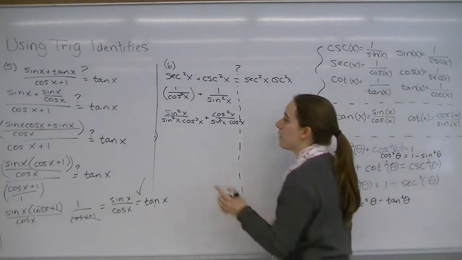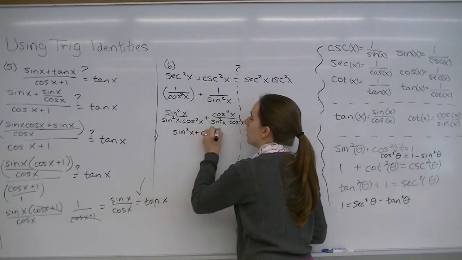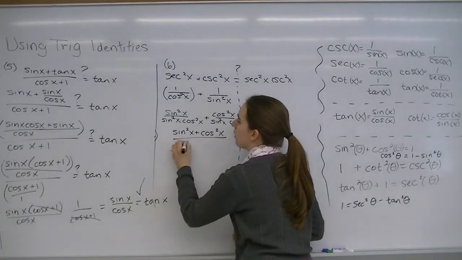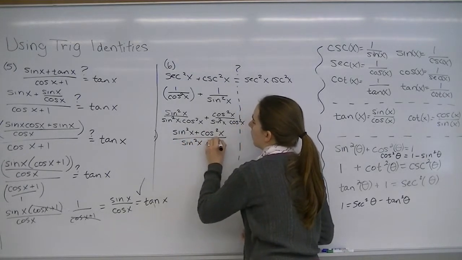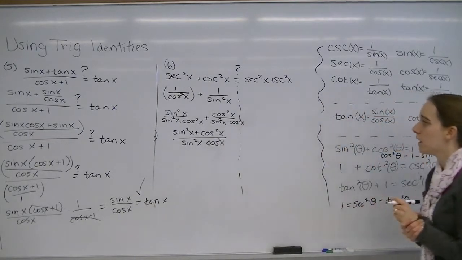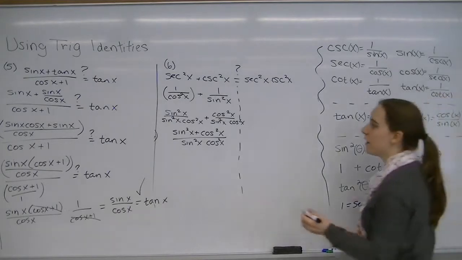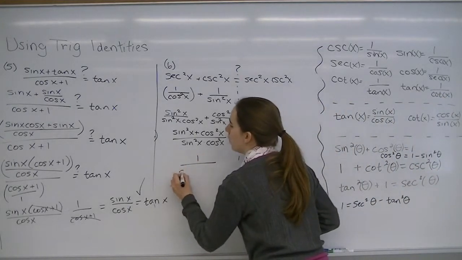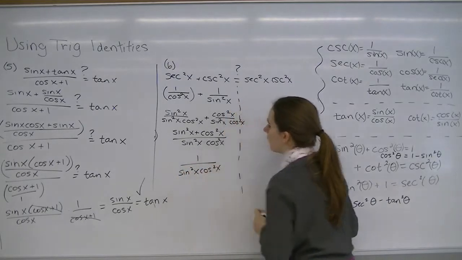So what I end up with is sine squared of x plus cosine squared of x, which should look familiar to us, over sine squared x times cosine squared x. Well, sine squared plus cosine squared is one of our Pythagorean identities. That's just equal to 1. So I get 1 over sine squared x cosine squared x.